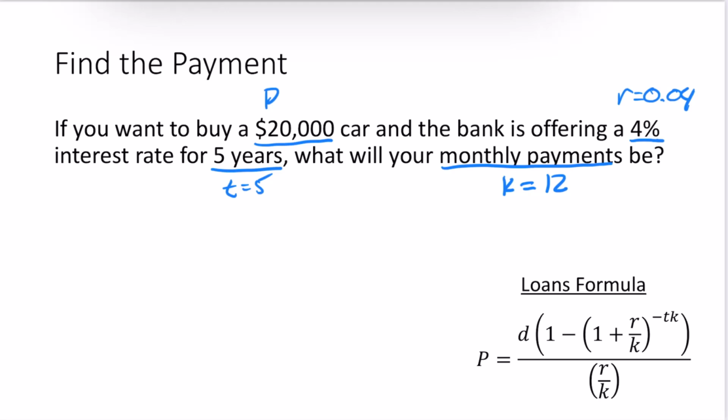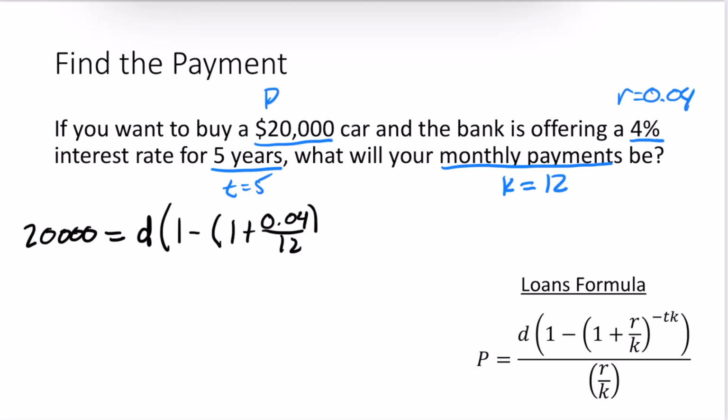So to calculate this out, let's put it into the formula, and we'll have 20,000 equals D, which is the thing I'm looking for. And then I'm going to do 1 minus 1 plus my interest rate of 0.04 divided by 12, and raise this to an exponent of -5 times 12.